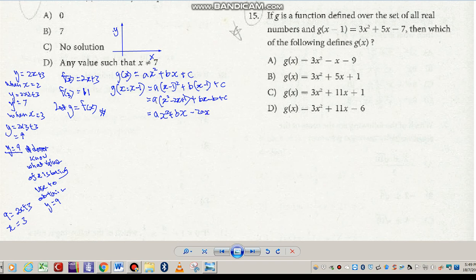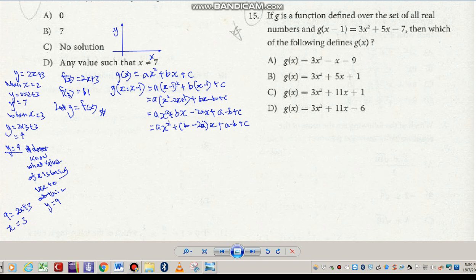Then a times 1 is a, minus b plus c. Now let's speed it up. So ax² plus, take out the common factor x, (b minus 2a), x plus a minus b plus c.